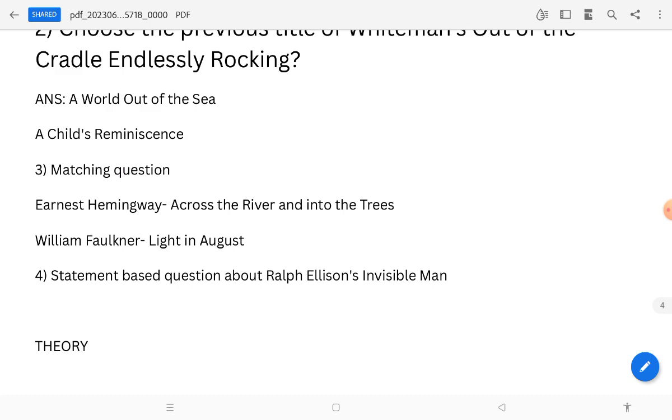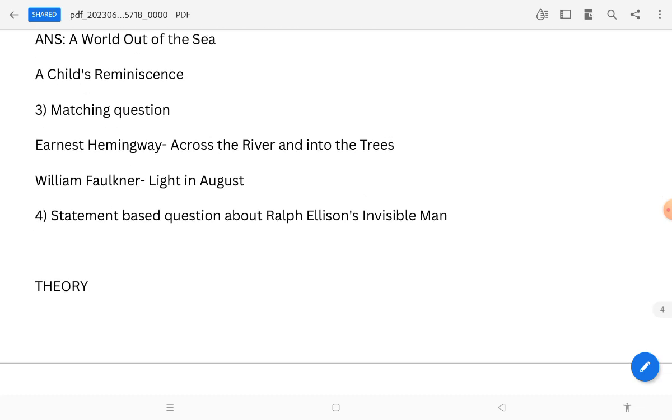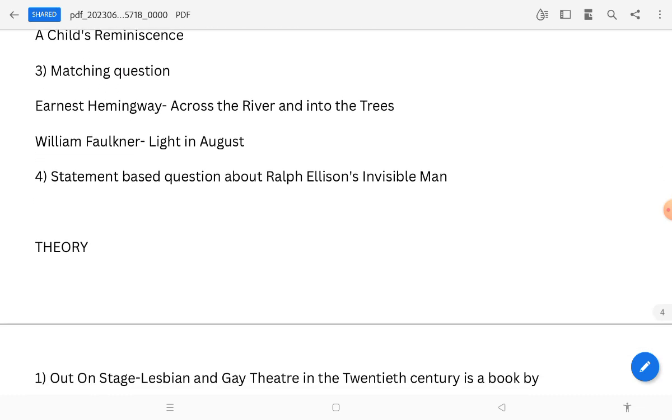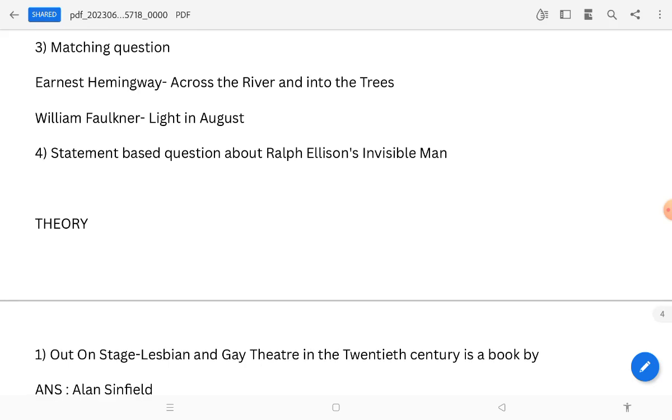Then question number 3, matching questions, and there are two questions I think, as I remember, from Faulkner. First question, you have to arrange his works in chronological order, and second question, in the match the following questions. So Ernest Hemingway, Across the River and Into the Trees.